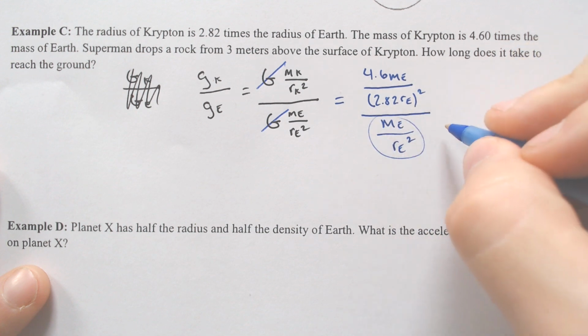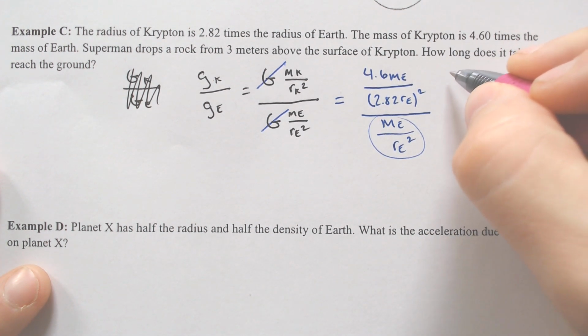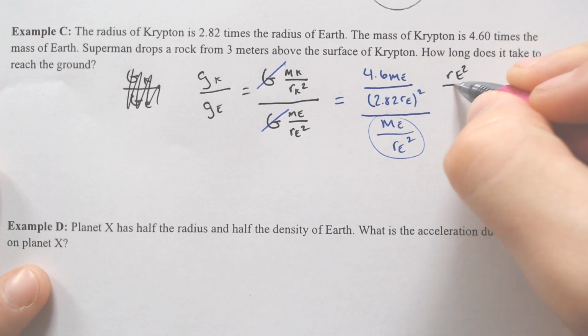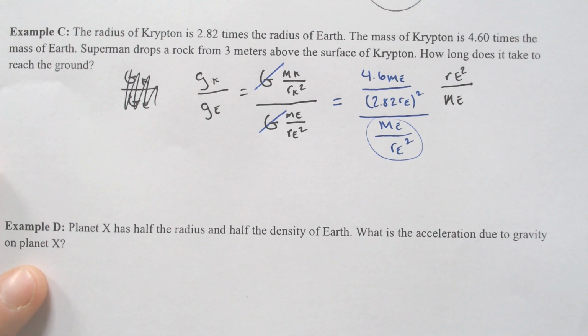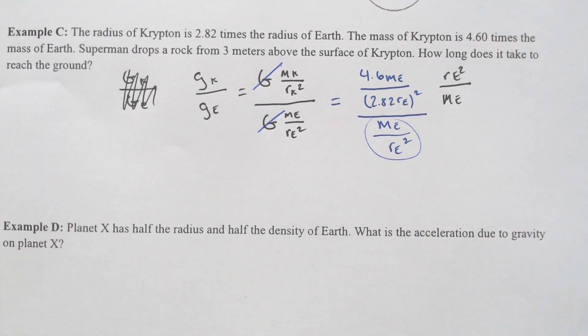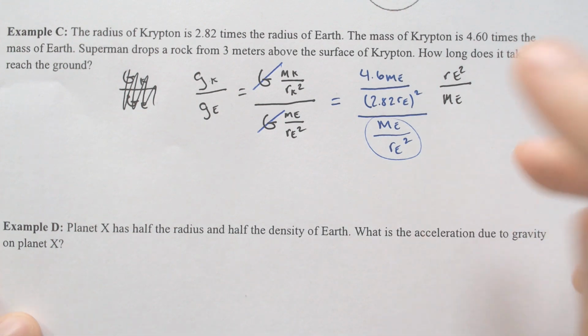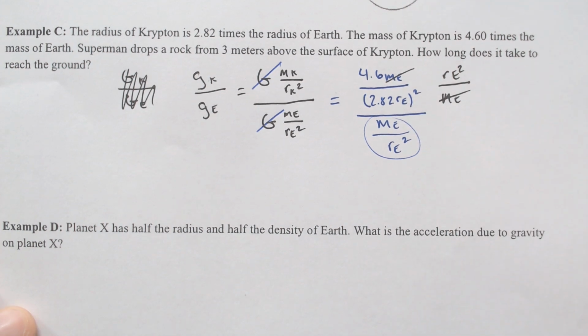So this is going to end up going onto the top of the fraction, and when we do that, we would have the radius of Earth squared moving to the top and the mass of Earth just being on the bottom. Well, what do you notice about some of this stuff? We have 4.6 times the mass of Earth. Technically, you can multiply those together, but if you think of the mass of Earth like a variable, it will definitely just cancel out.